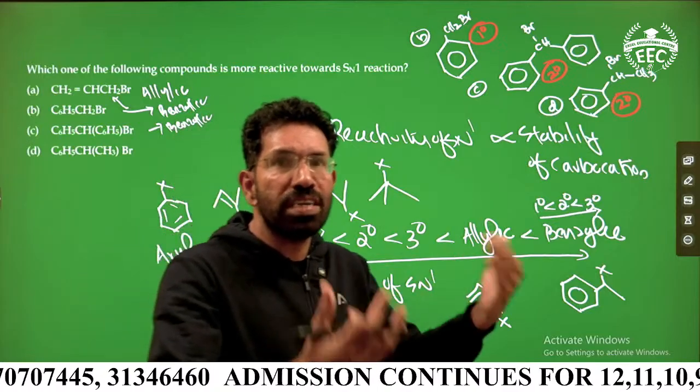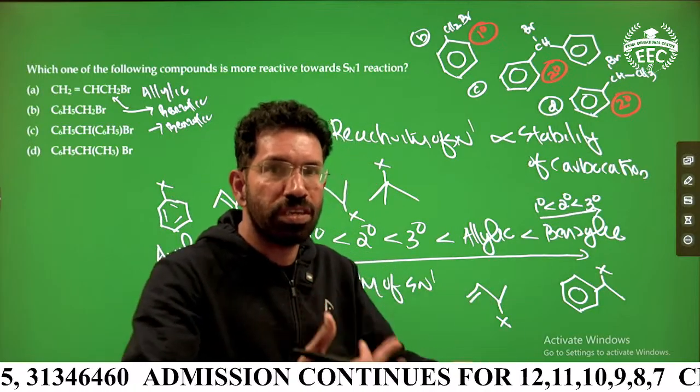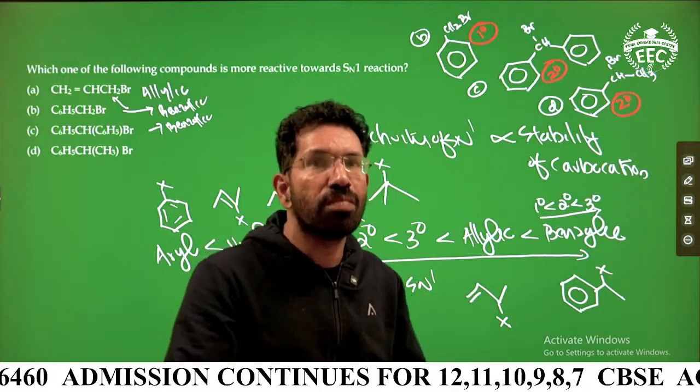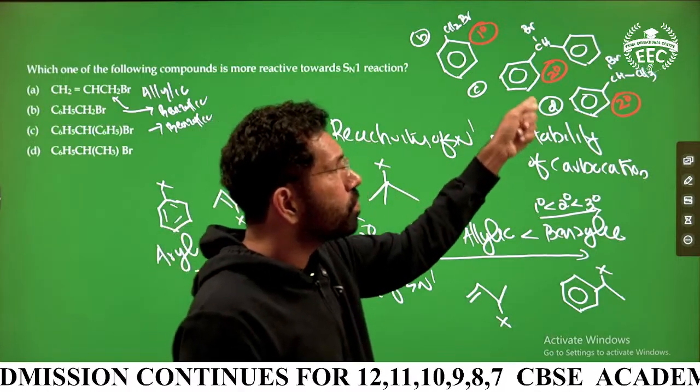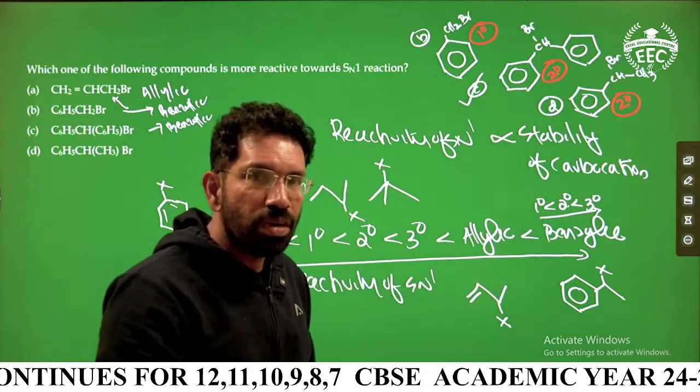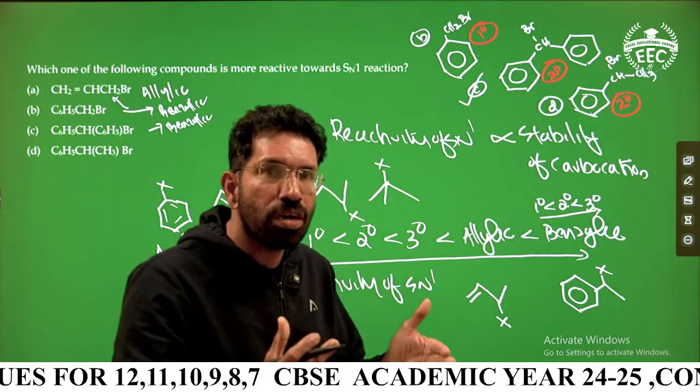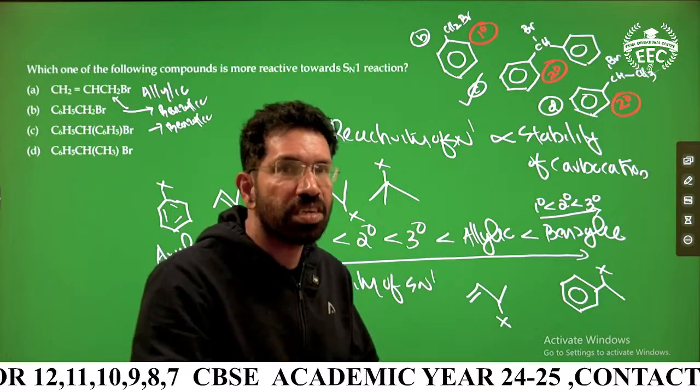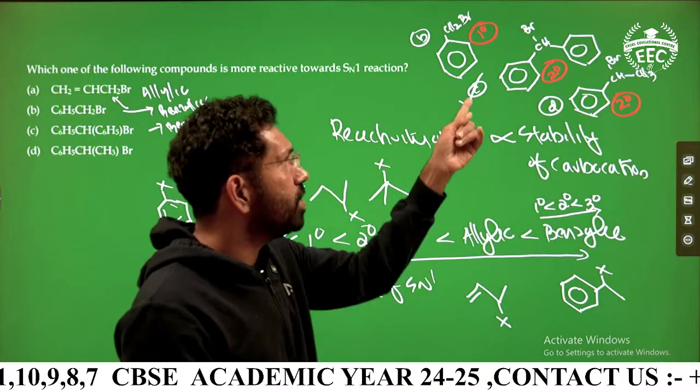So more benzene rings, more resonating structures, more stable carbocation. Out of these two secondary, this one will have the more stable carbocation because it has more resonating structures. So that is the reason.